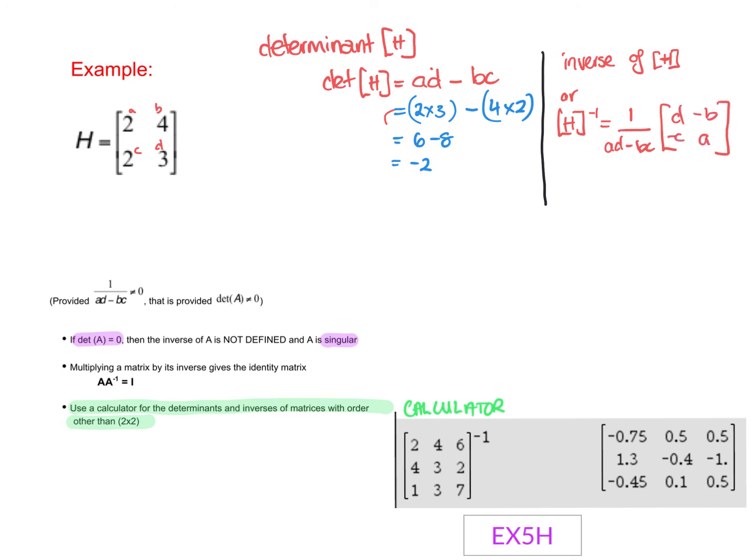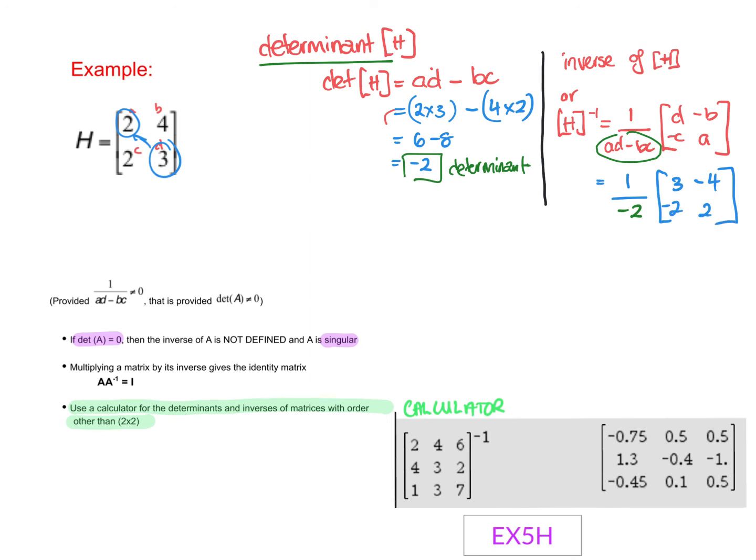Okay, so in this example, we said that this bit on the bottom is actually the determinant. So I've already worked that out. This is the determinant, so I don't need to go calculate that bit. I've already done that. So I'm going to say 1 over negative 2. That's what my determinant was. Now, I'm going to swap these numbers. So these two are getting swapped. So 3 is going to be up here and 2 is going to be down there. I'm going to make these other ones just stay the same spot but become negative.